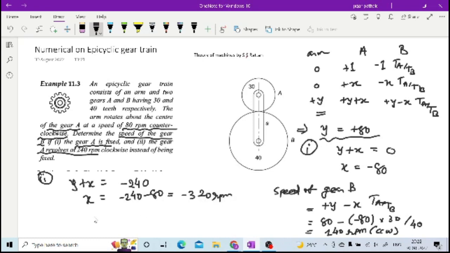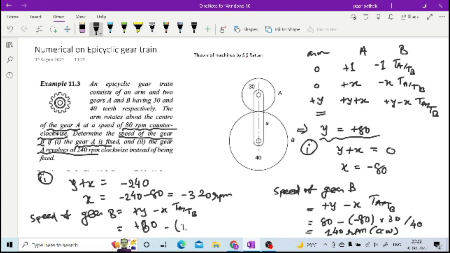Now once you have this value, again you can calculate the speed of gear B with the same equation, that is plus y minus x, Ta by Tb. So this plus y is nothing but plus 80, as we know.